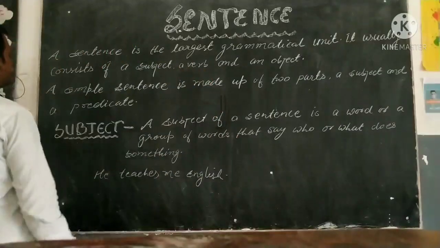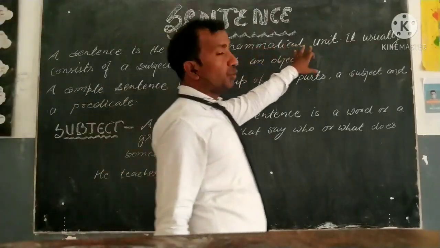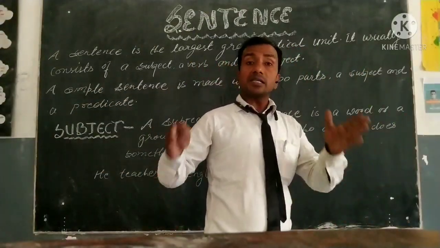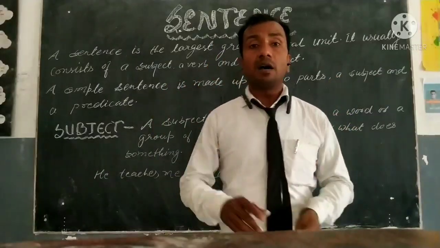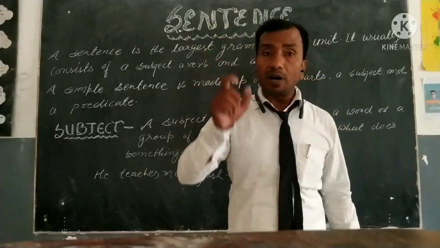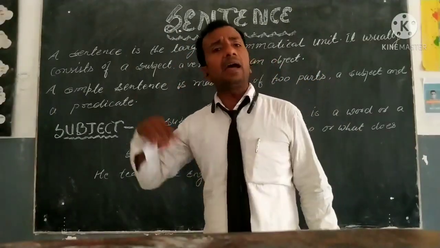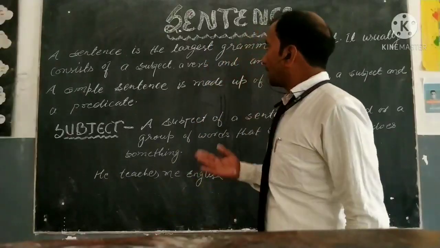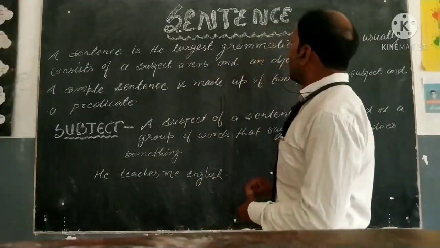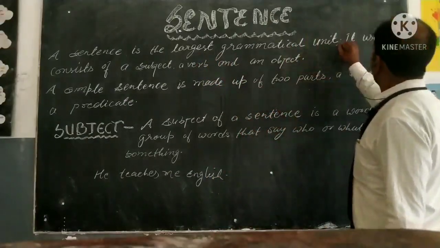The definition is here. A sentence is the largest grammatical unit. That means a sentence consists of a subject and a verb and some auxiliaries, objects and other verbs also. So it is known as the largest grammatical unit.